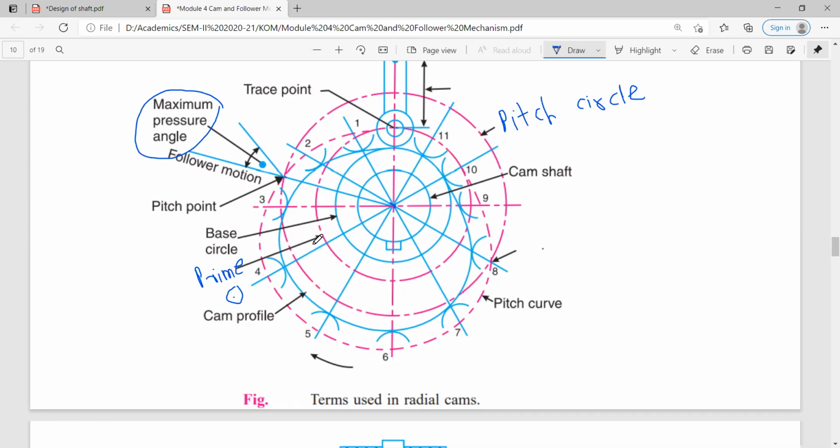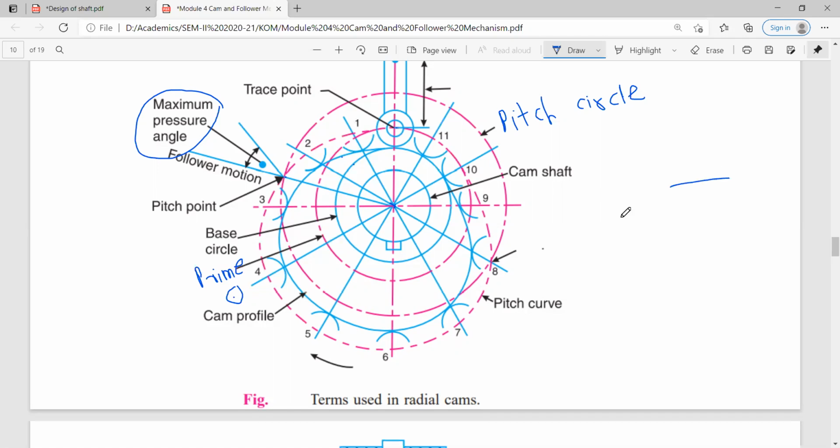So prime circle is similar to your base circle, as base circle is tangent to the cam surface, similarly prime circle is tangent to the pitch curve.